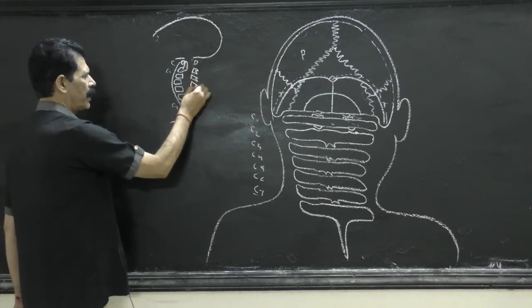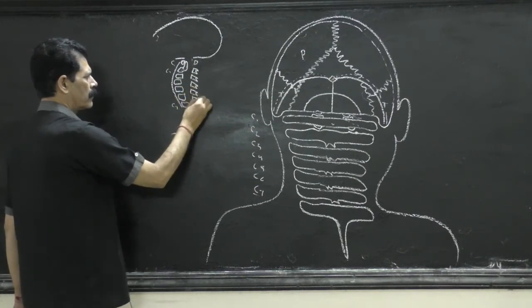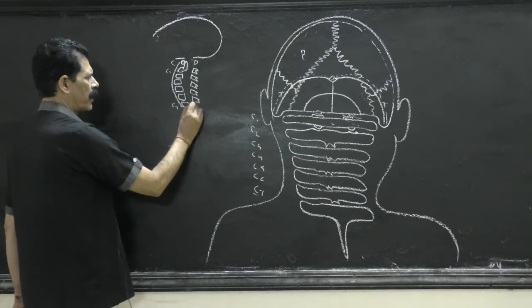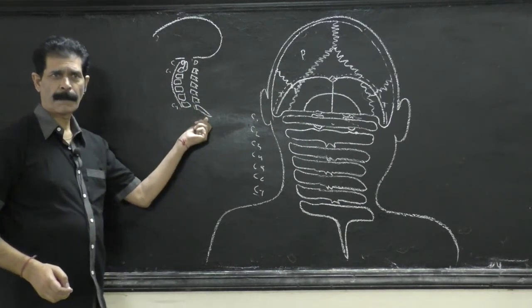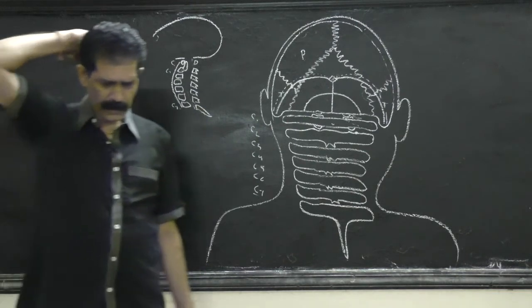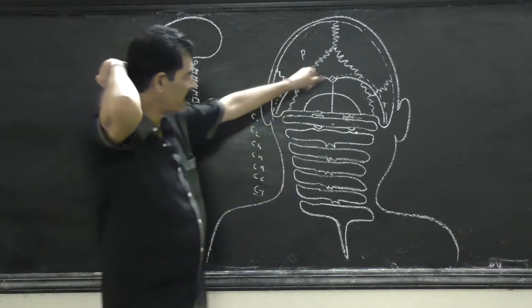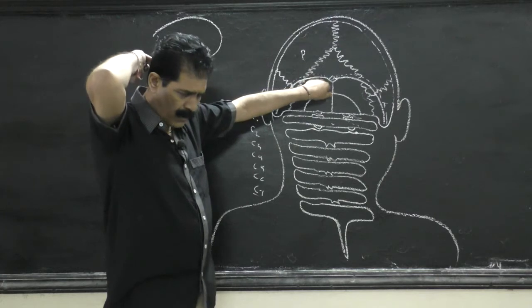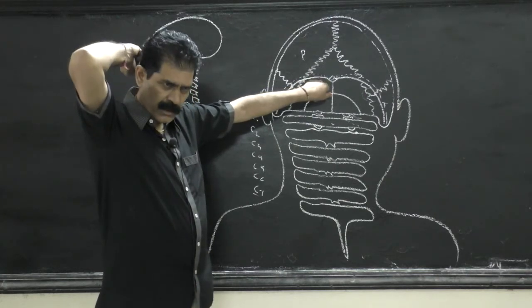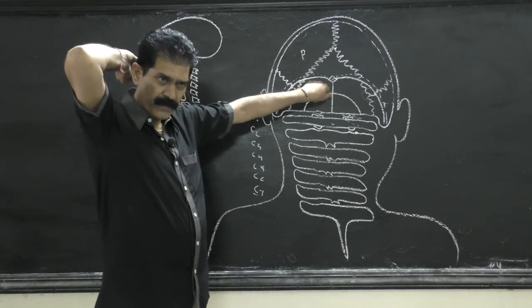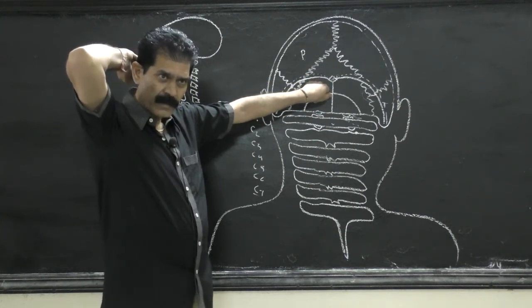So the cervical vertebrae have the bifid spine. And the spine of C7 is the longest. That's why it's called the vertebra prominens. So if you put your finger and touch your external occipital protuberance, everybody touch your external occipital protuberance, have you found it?